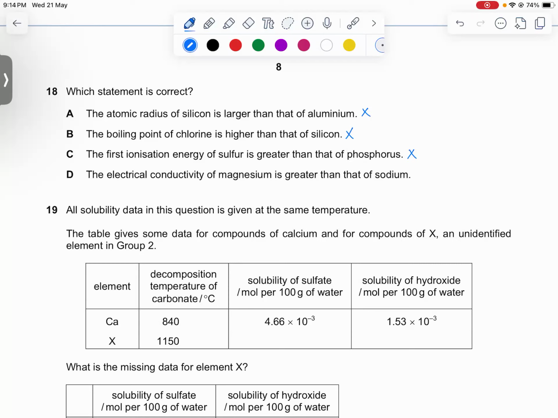Group 5 and group 6 and group 2 and group 3 are exceptional cases in the notes. We see that group 2s and group 5s have abnormally higher ionization energies, right? So group 2 and group 5 have exceptionally higher ionization energy in each period.